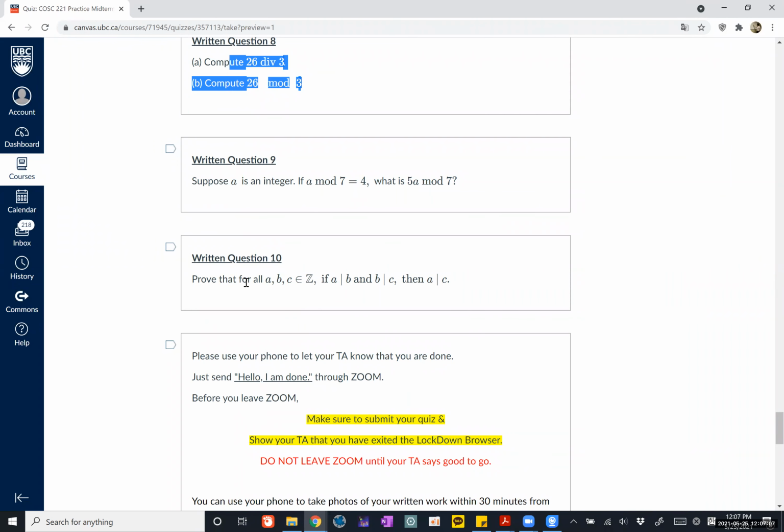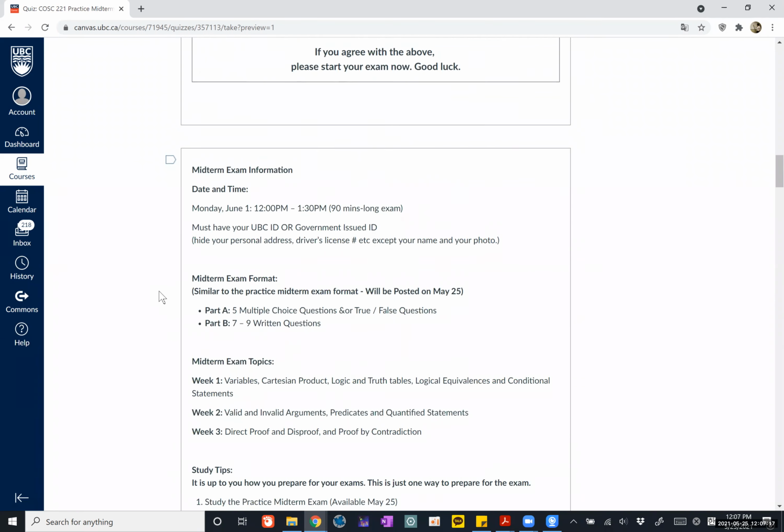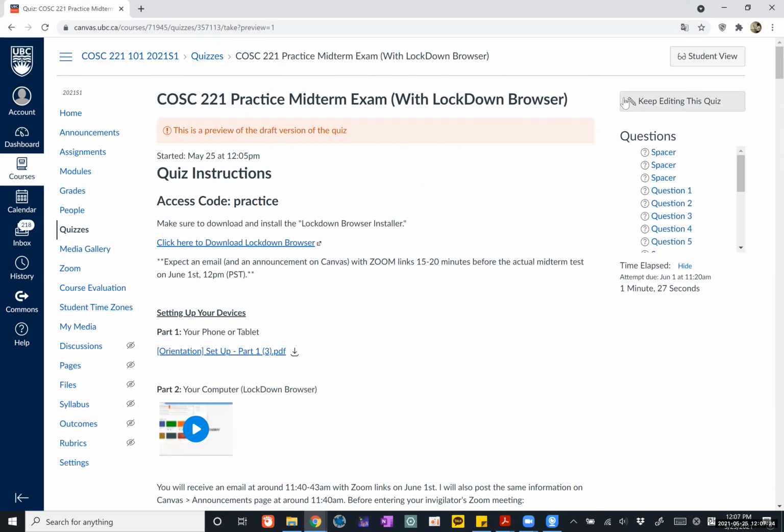Do you agree? So for the practice midterm, I might put more than 9 questions. Please don't be surprised. As soon as it's available, you will see it under quizzes on Canvas. That's about the practice midterm.